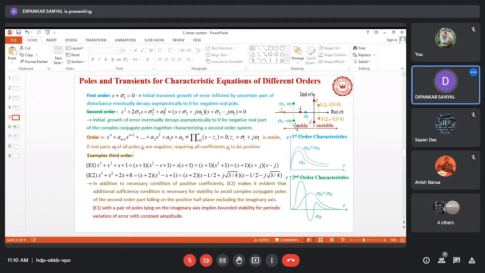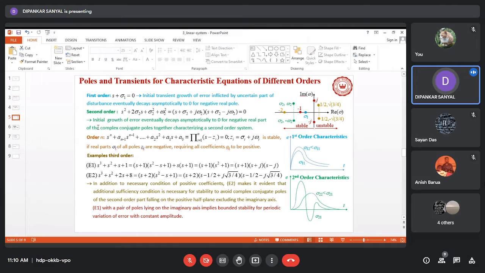And if we make a plot of this sigma in this kind of plane where sigma is the real axis and omega is the imaginary axis indicated by this j, for the first order equation we will have only one root like this, sigma 1.